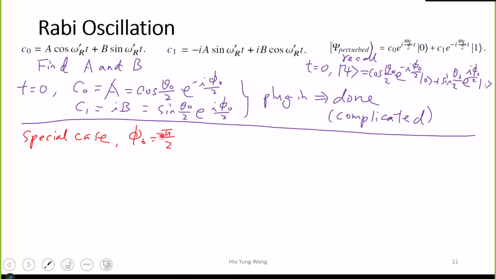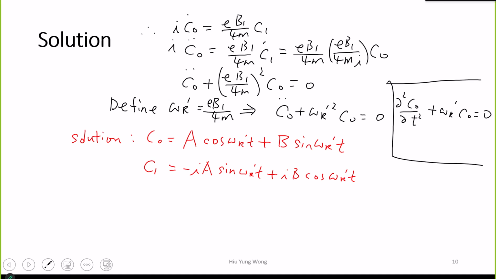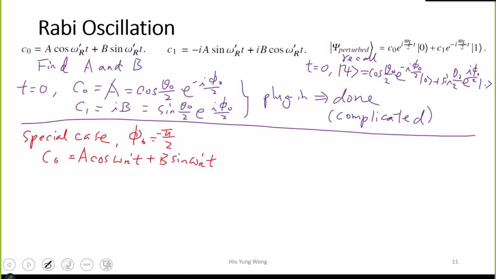Right? So we're looking at this special case that phi naught equals negative pi over 2. So with that, I will look at C0 again. C0 equals A cosine omega r dash t plus B sine omega r dash t. This was given already. We solved it. But now I'm going to plug in everything. What is A?